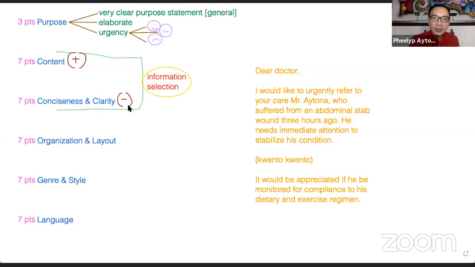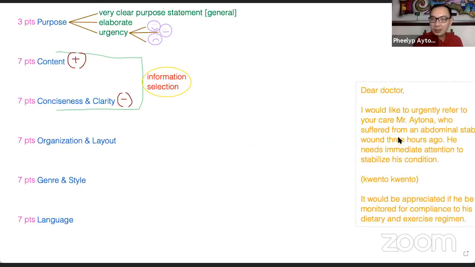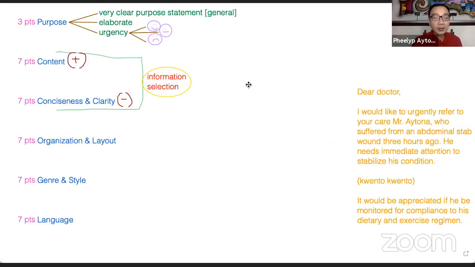Lovely. Now, however, it becomes a little bit more complicated when we discuss them in detail. For example, when it comes to contents, kung ano ba yung ibibigay mo na information, it's very, very important for you to keep your reader in mind. Everyone, type reader. Reader.